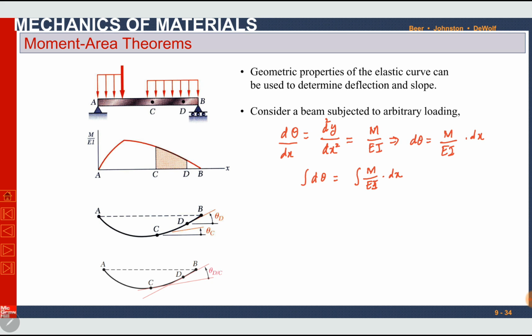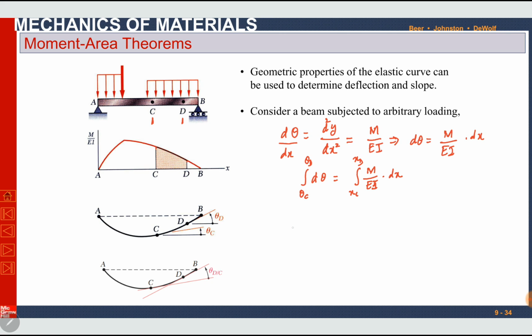In this integral we can define some limits. For example, if this is a beam and we have different points between A and B, d theta is the change in theta, the change in slope. If we want to find the change in slope between point C and point D, we can set limits from theta C to theta D. It is valid for any 2 points over the beam, so it will be between xC and xD.